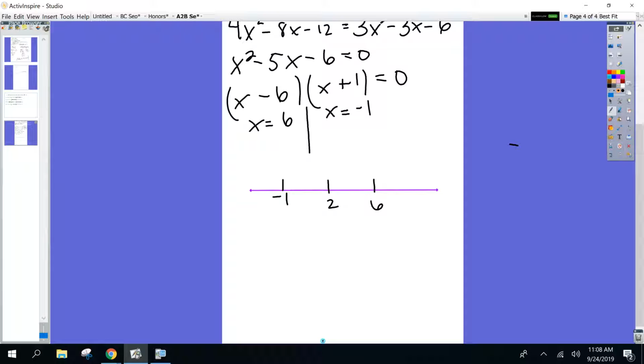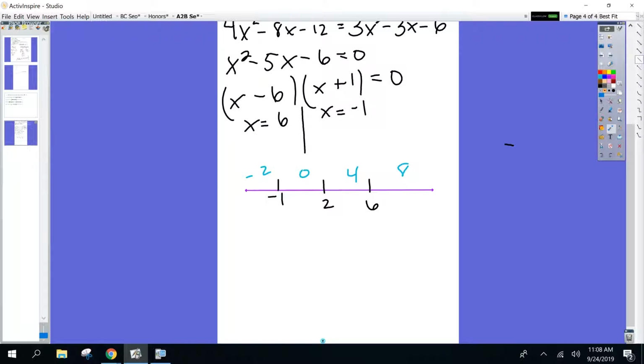Pick numbers, or you can pick your own. I don't care what number to the left of -1: -2. In between, I'll pick 0. Between 2 and 6, and after 6. Fine. There we go. Let's test each one right now.